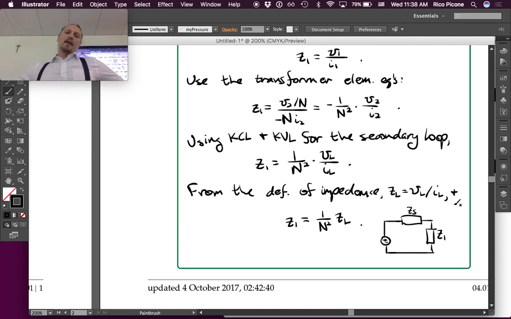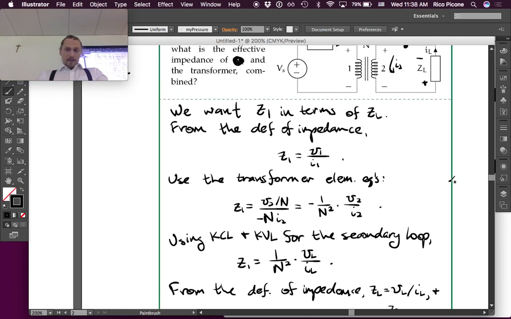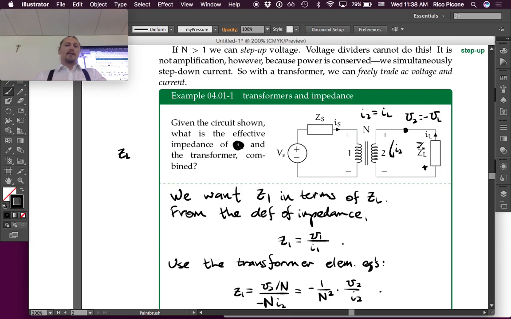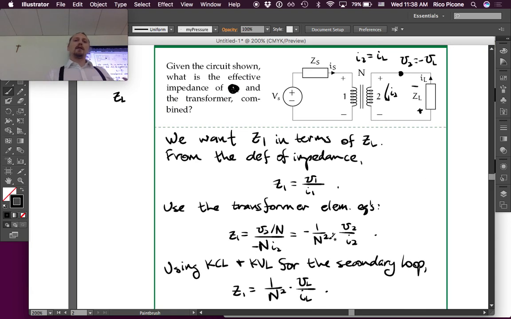Now, it sort of seems like a one-off analysis, but in fact, this is generalizable. Anytime you have an impedance on one side of a transformer, it is felt by the circuit on the other side of the transformer through this factor of 1 over n squared.